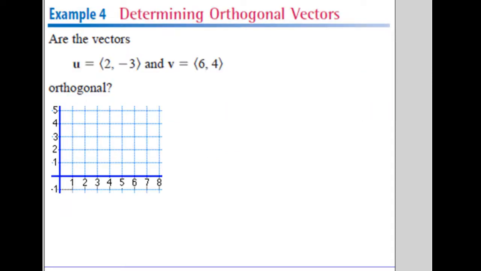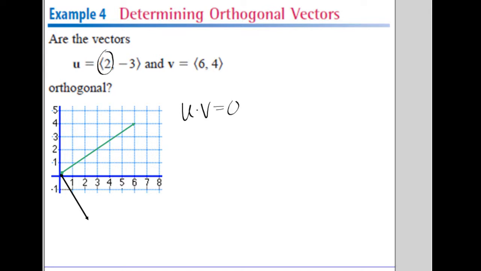All right, so here in example 4, they're asking us, are the vectors orthogonal? So do they form right angles? u is 2, negative 3, and v is 6, 4. Looking at them, they do appear to be orthogonal, but they're orthogonal if u dot v is equal to 0.